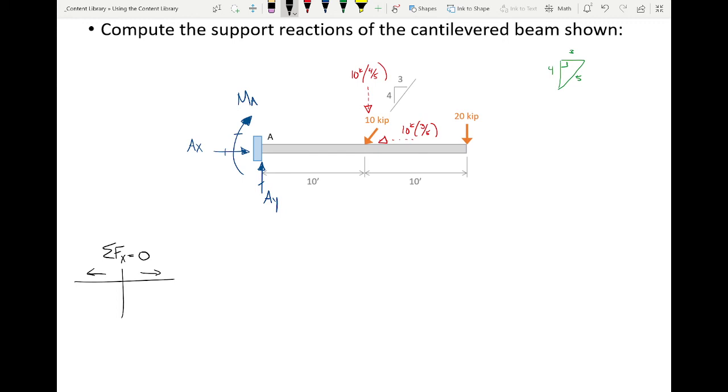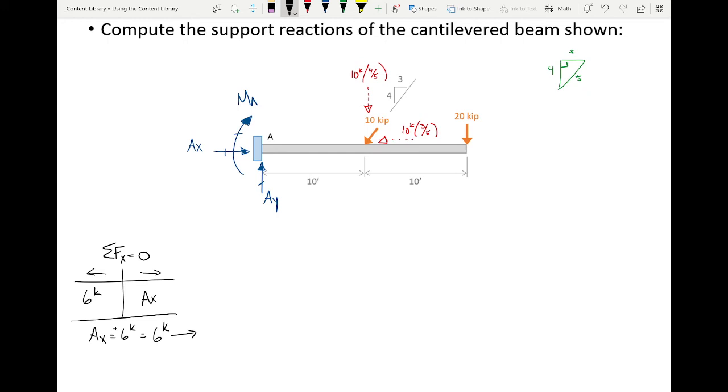And if you want, we could just say 6 kips. And so what do we get? AX is 6 kips. And we got a positive answer, so that means it is going in the direction that we assumed, okay? That means it's going that way.